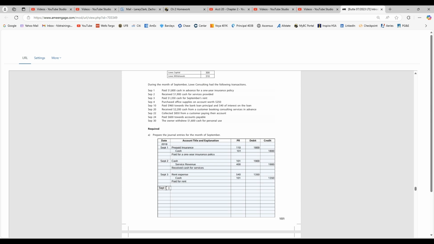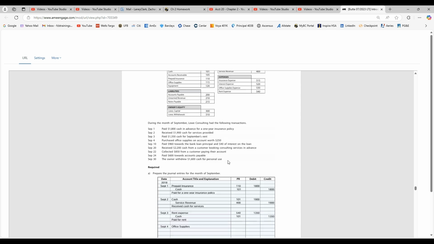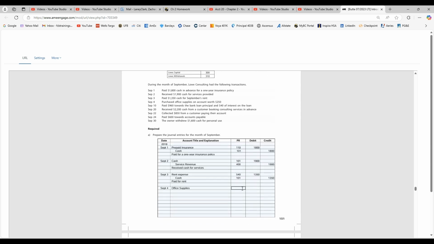Okay, September 4th, we purchased office supplies on account. So that's important. When we're booking our office supplies, we have an asset account here for office supplies, account 115, and we paid $250.